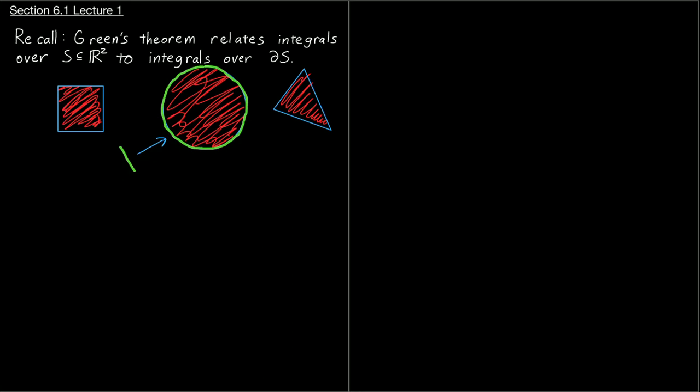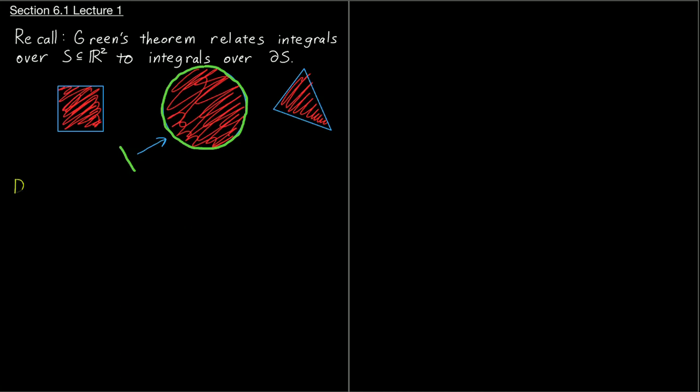So we're going to prove Green's theorem in regions like this, where the boundary is given by a parametric curve. And so before we can get to Green's theorem, we're going to have to define parametric curves and talk about differentiation and integration and all those other wonderful things on parametric curves.